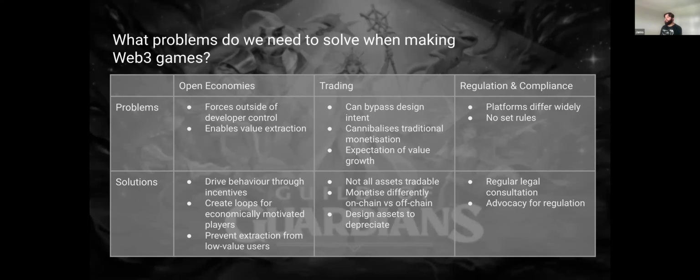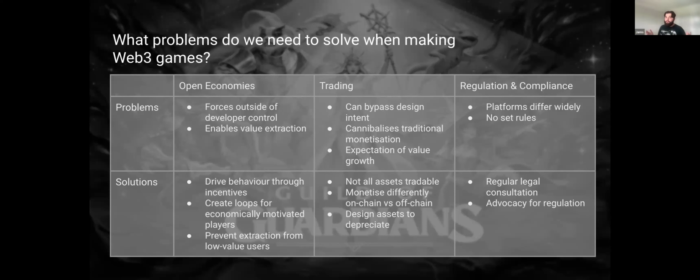From the open economies standpoint, it essentially means that we give up control of a large portion of our game to the overall community. In a Web2 game, I can completely control every aspect of resource A, resource B, character A, character B. But once those assets are in the open market, the only way that I can impact their availability is through incentives to consume them out of the economy.